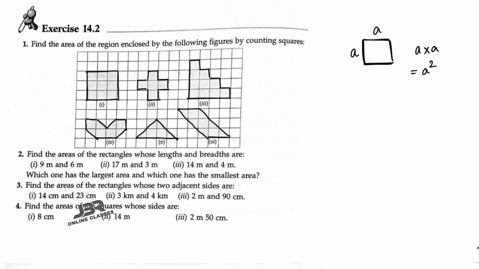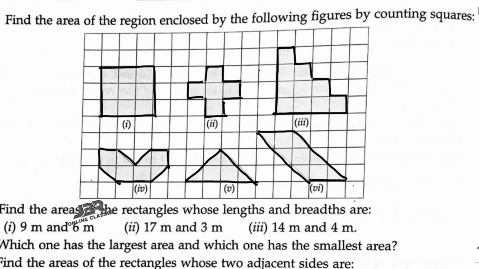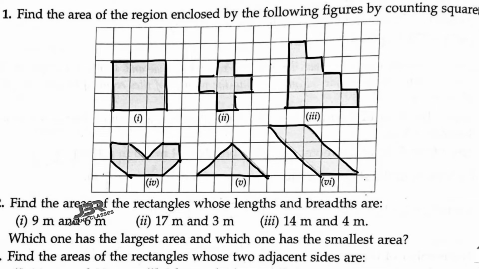So in that problem, sum number 1, first you have to count how many squares are there. And you have to consider each and every side of the square to be 1 unit. I repeat, each side of the square equals 1 unit.